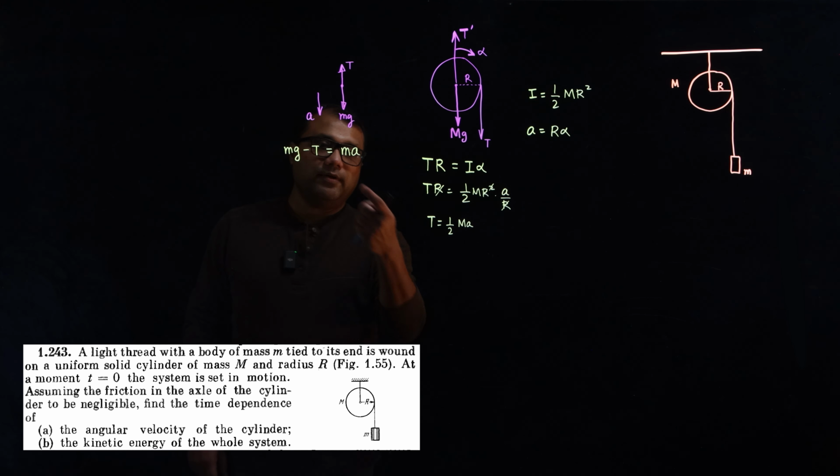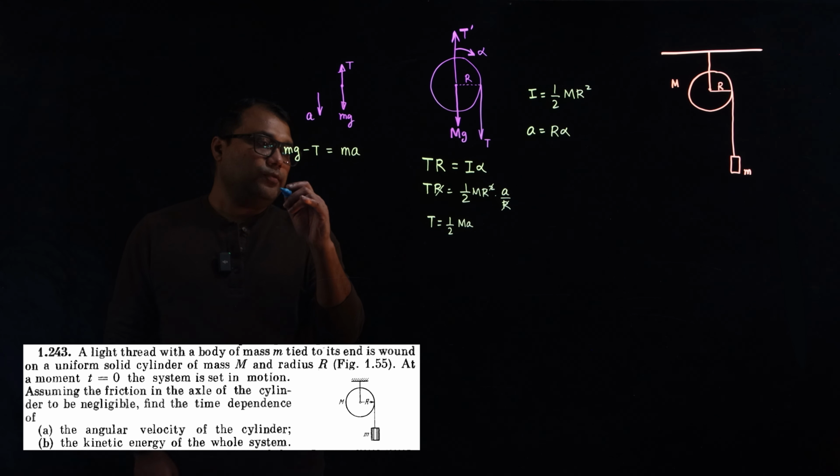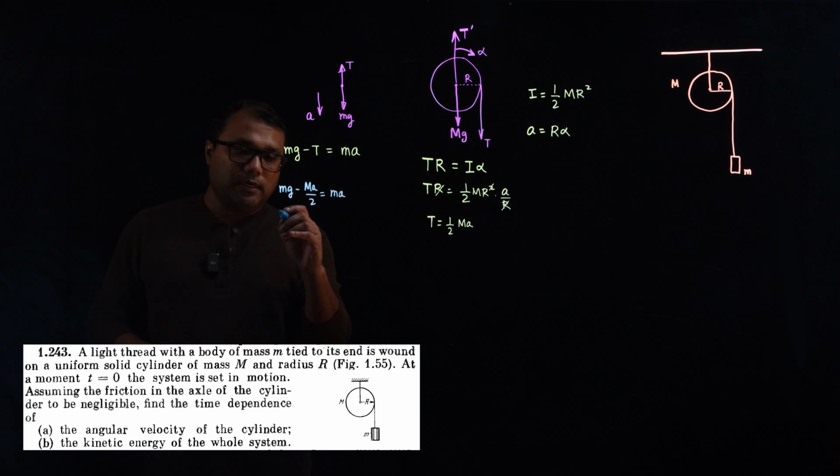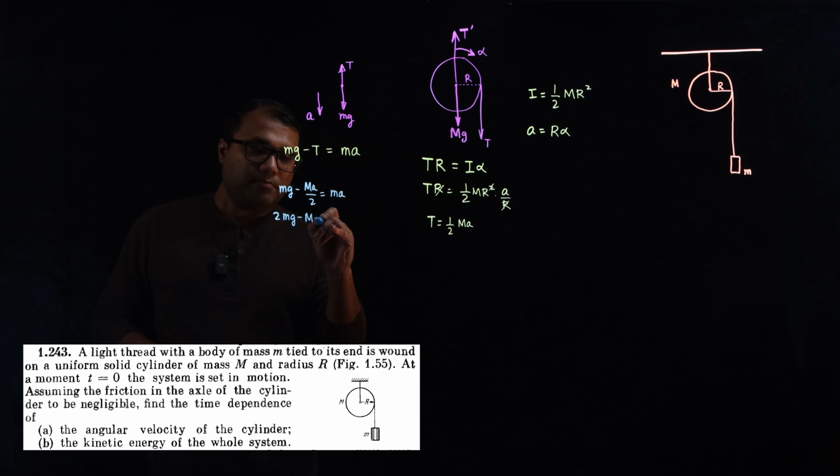Now if I substitute the value of tension here, we get mg minus Ma by 2 equals ma. So if I multiply by 2, 2 mg minus Ma equals 2 ma. We are solving for a.